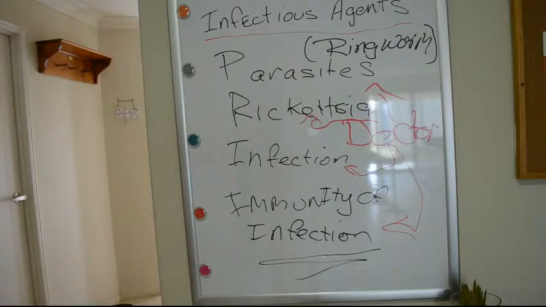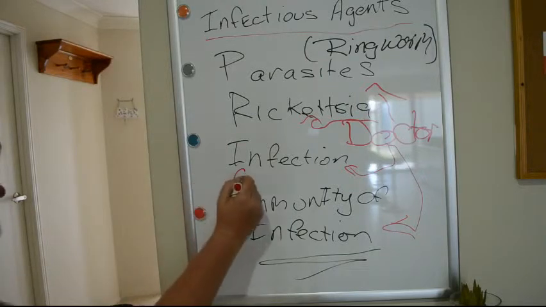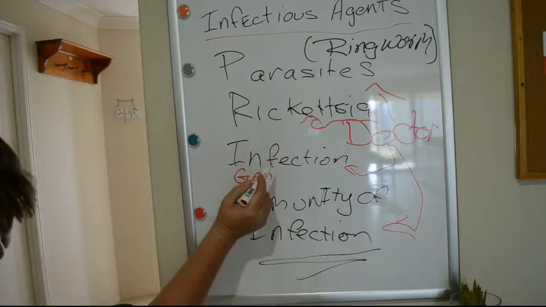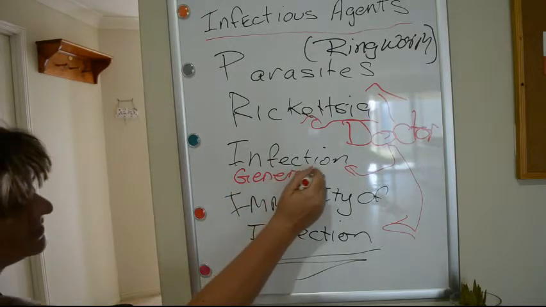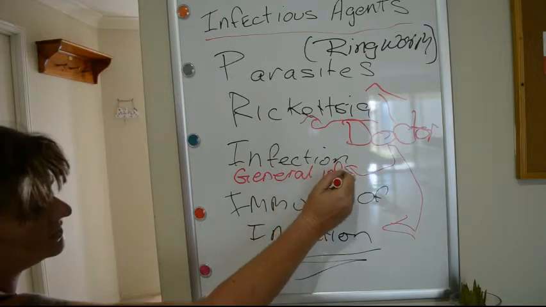At first, the infection is usually localized. If the infection spreads to the bloodstream, it carries toxins to all parts of the body, and it is called a general infection.